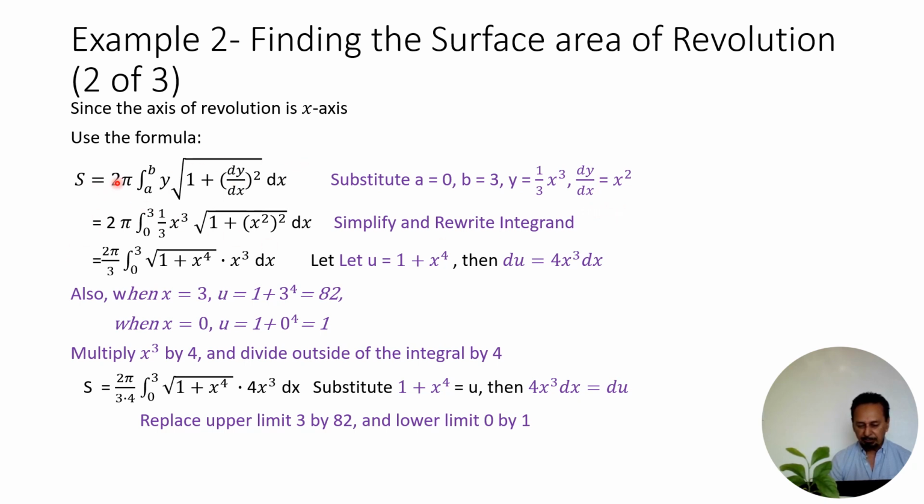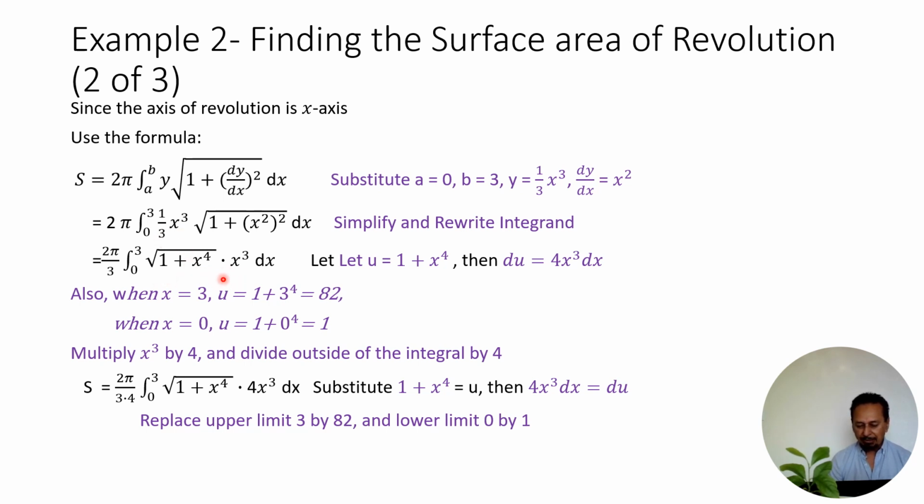So the formula becomes 2 pi integral from 0 to 3 of 1/3 x cubed times the square root of 1 plus (x squared) squared. Well, simplify, and we can factor out 1/3, so it becomes 2 pi over 3 integral from 0 to 3 of the square root of 1 plus x to the 4, and we can move the x cubed to the front.